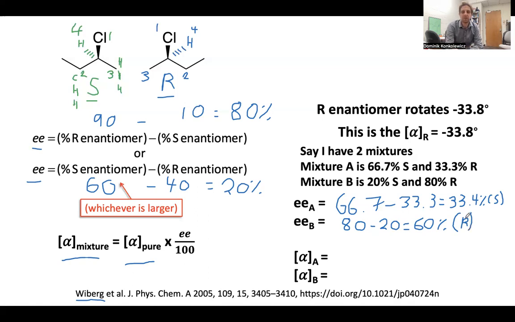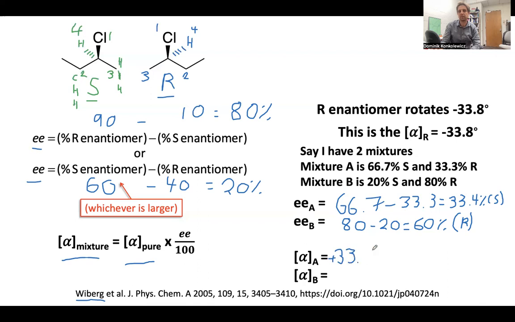So let's now predict the rotations that we would observe for these samples. We already know that the R enantiomer, that is the alpha pure, alpha R, is negative 33.8. That tells us alpha S is plus 33.8. So in this first example, where the S is in excess, we can use 33.8, the positive one, as alpha pure.